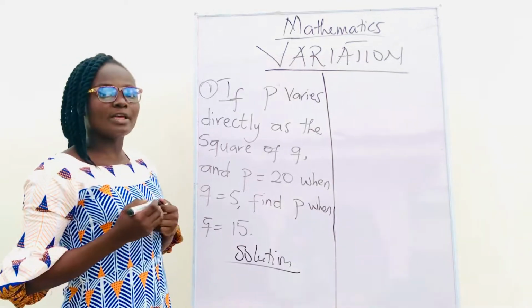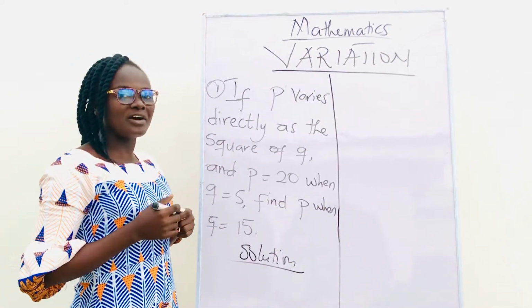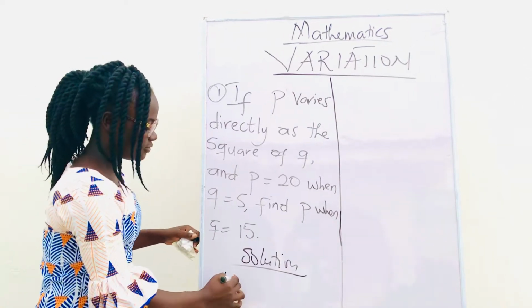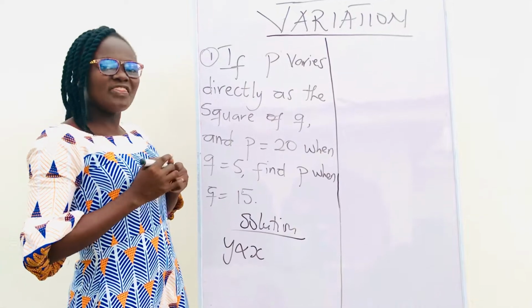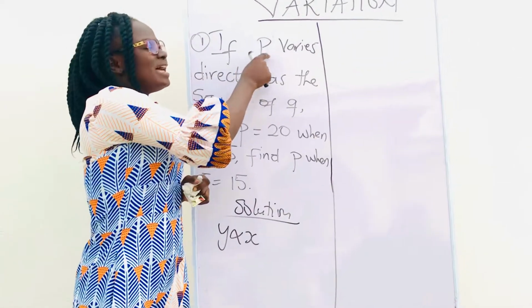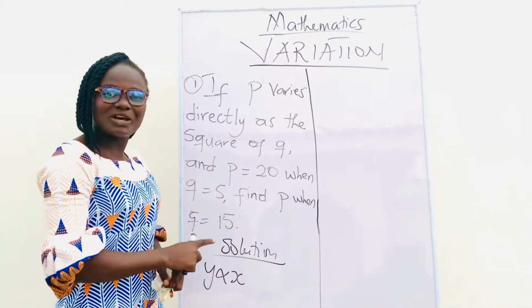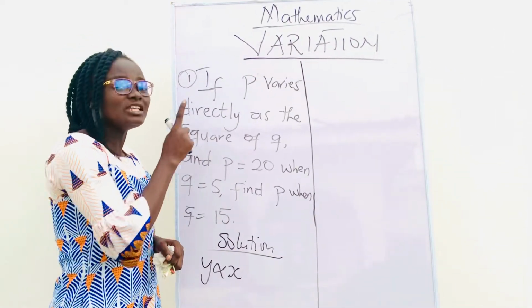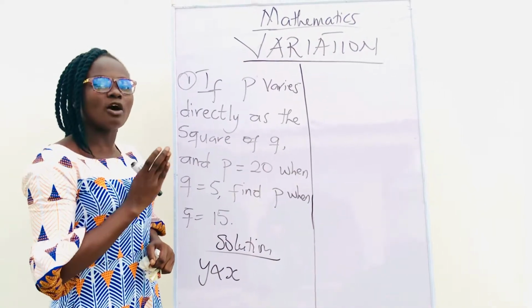So how do we solve this? You can first of all put down your general formula. That is, y varies as x. In this case, the variables given to you are not y and x. So please don't choose y and x. Always look at the demand of the question.